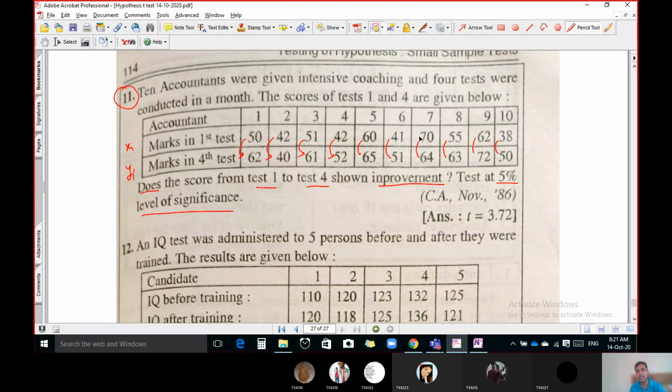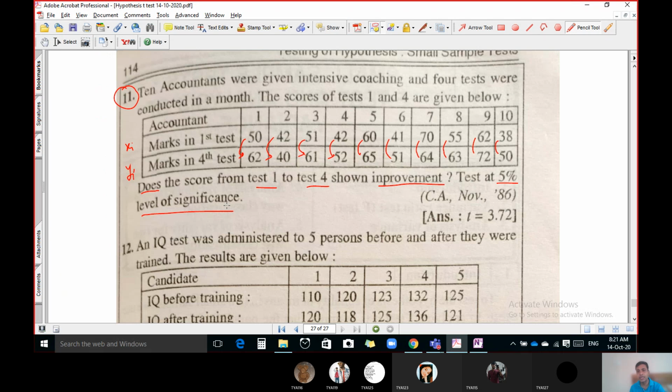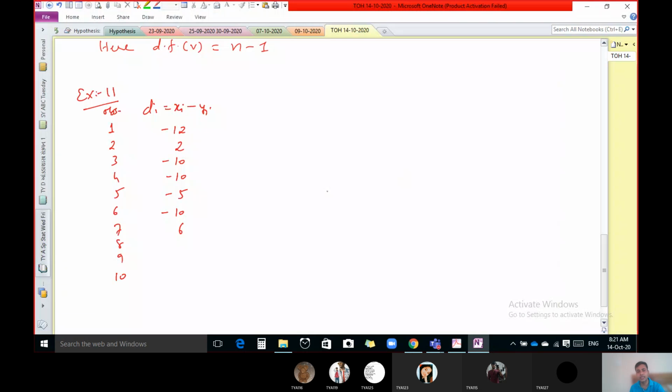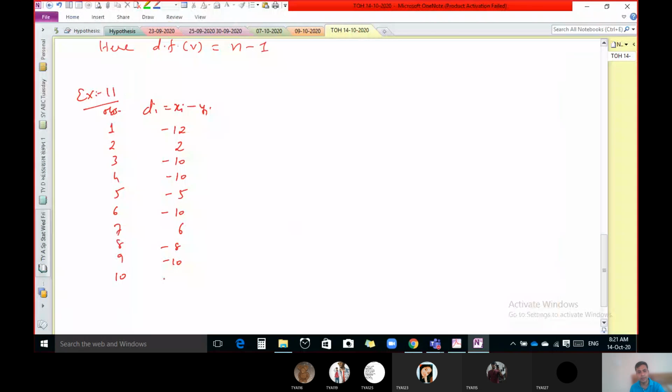Here minus 10, plus 6. 70 minus 64 is plus 6. Minus 8. Minus 10. And minus 12.